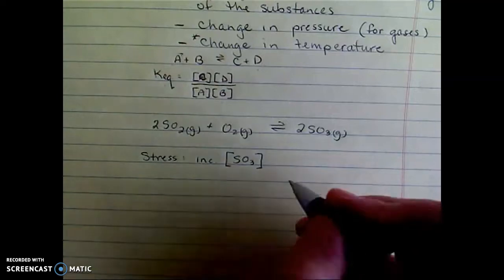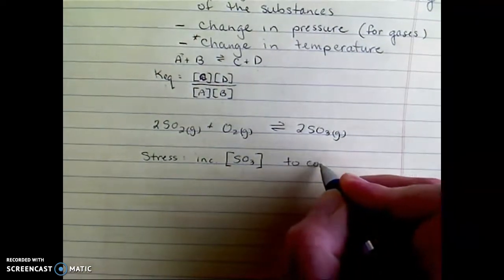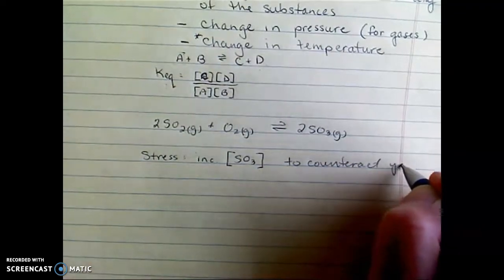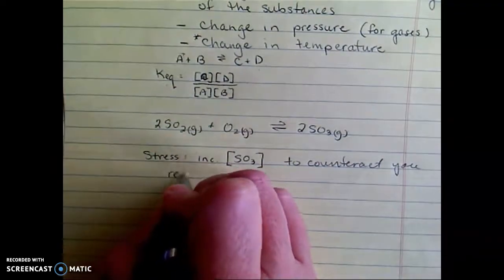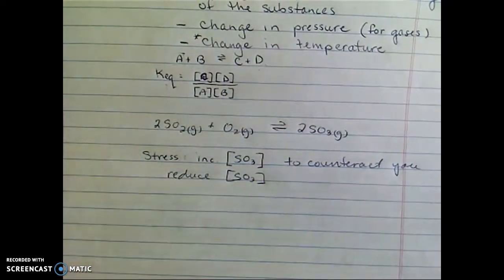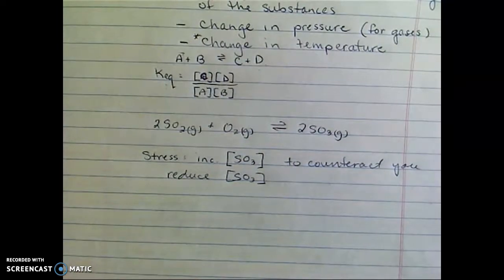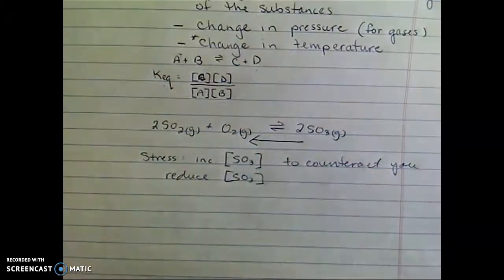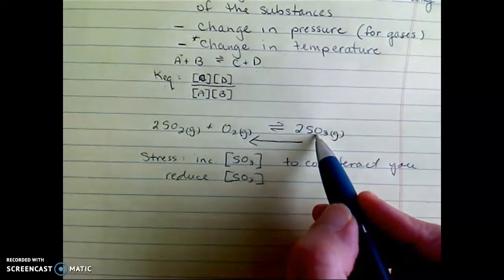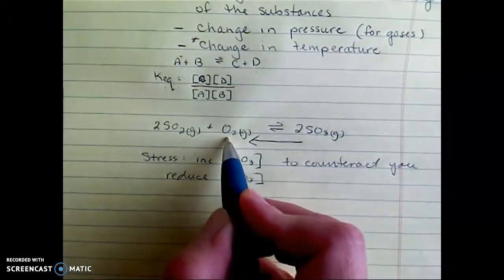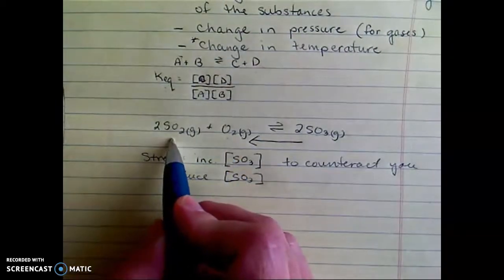So to counteract this, you must reduce the concentration of SO3. The only way to do that is to get this reaction to shift in this direction. Because if you shift to the right, the SO3 will break down, meaning you'll have less SO3, and it will produce more oxygen and more sulfur dioxide.